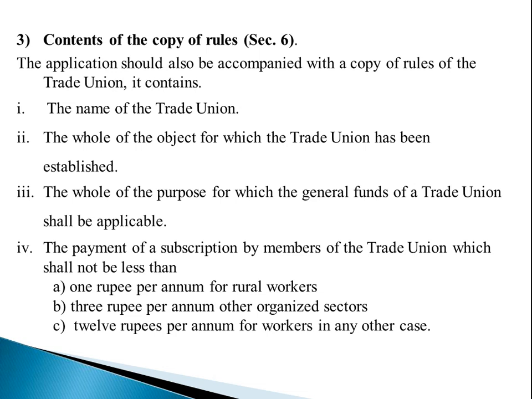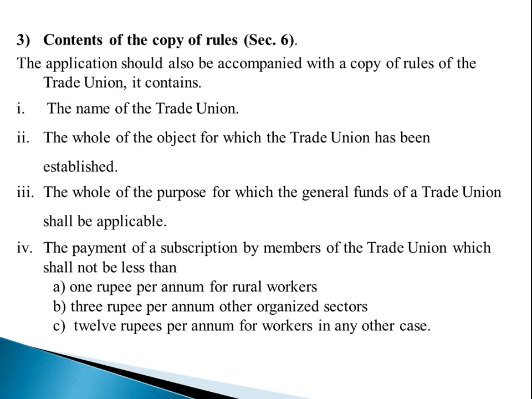Then the payment of subscription by members. Generally, any trade union member has to pay some amount monthly to the trade union, which they can utilize for their needs in the future years of necessity. For example, 1 rupee per annum for rural workers, 3 rupees per annum for other organized sectors, and 12 rupees per annum for workers in any other cases has been maintained as subscription by the members.